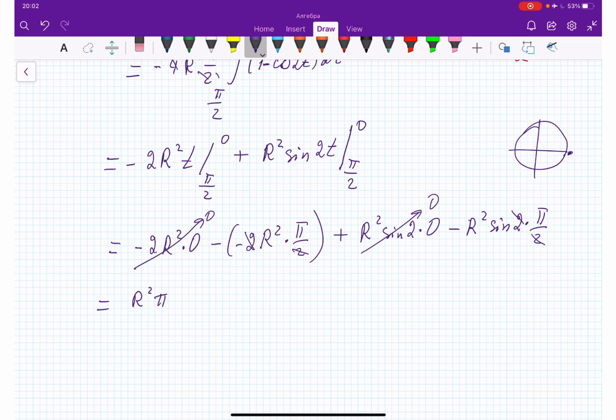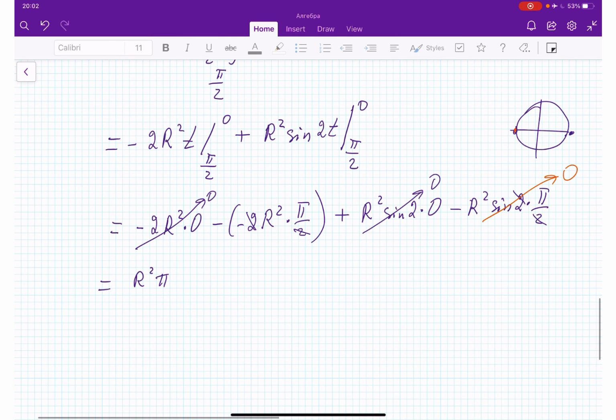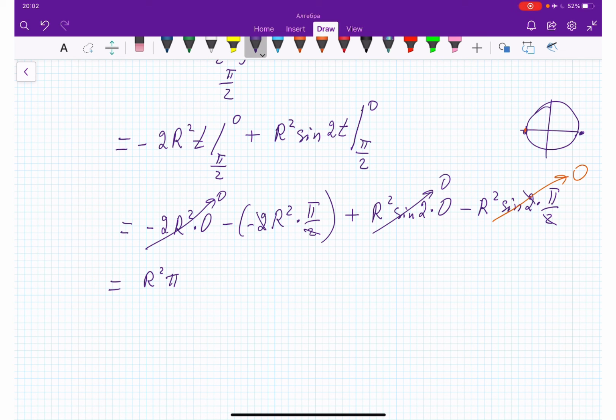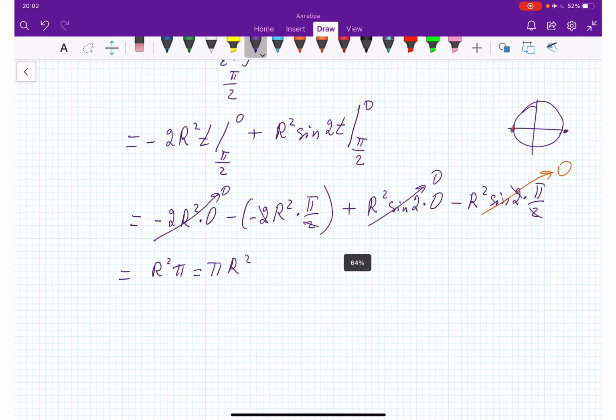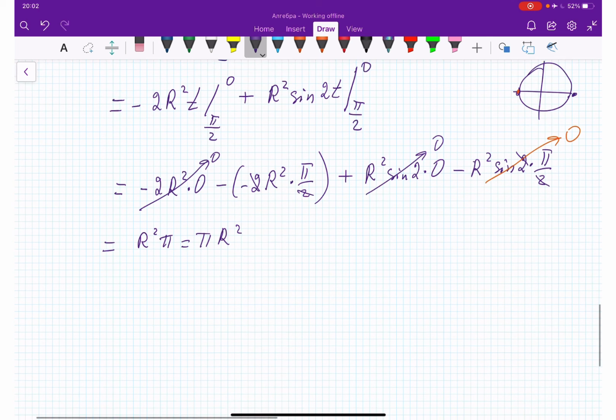And sine of pi, because the 2 is gone for this last one, is also 0, so this is also 0. And we are left with r squared pi, meaning pi r squared.